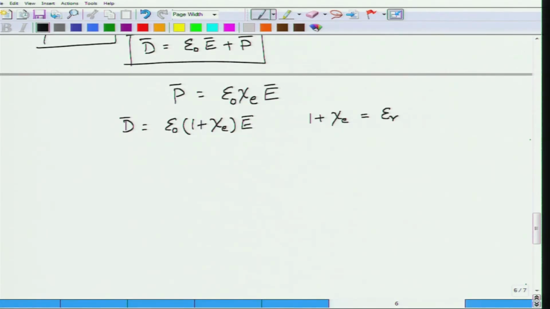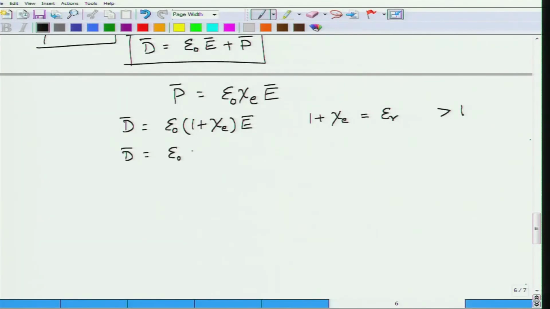Here chi e stands for susceptibility, and for materials which are not free space, this value will be greater than 1, epsilon r will be greater than 1 for materials that are dielectrics and not free space. For free space, epsilon r is equal to 1, which again indicates that chi e will be equal to 0. For any other material, epsilon r is greater than 1.